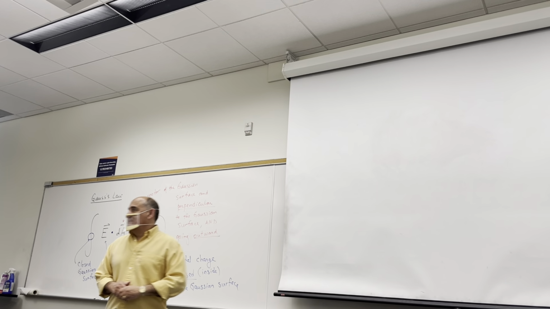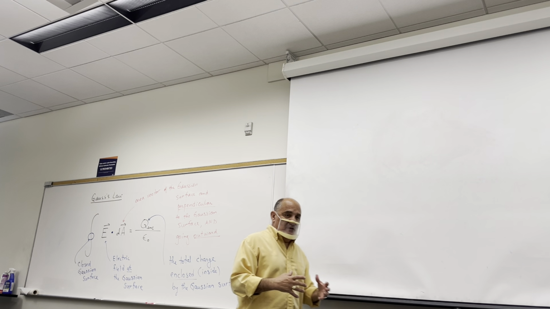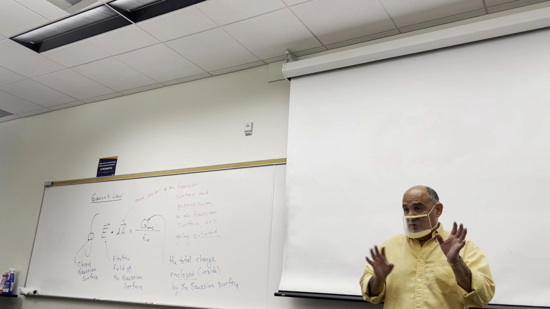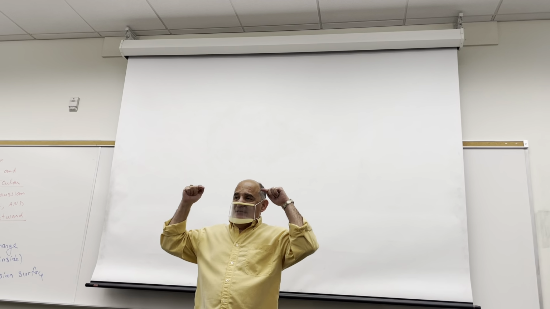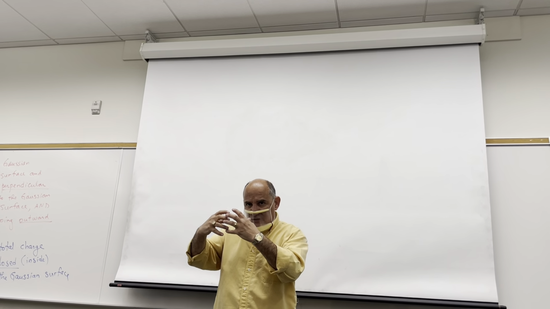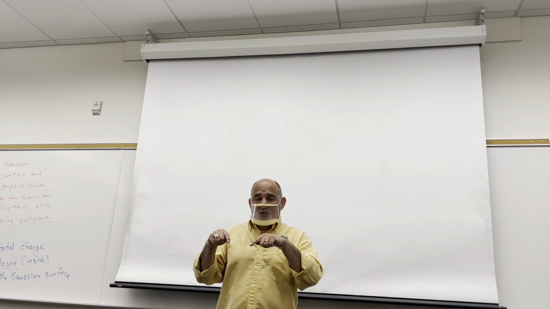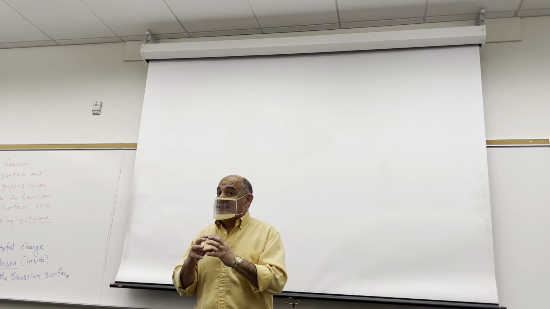So, if you have a conducting material in electrostatic equilibrium, where you charge it and then the charges are not moving anymore, then the electric field inside the body of the conductor is going to be zero, and any net charge that the conductor has will go to the surface or to the surfaces.